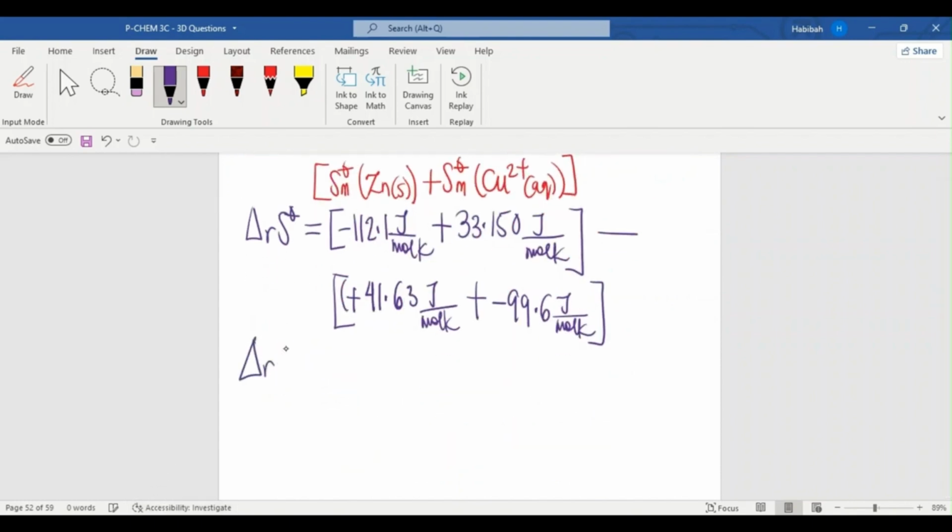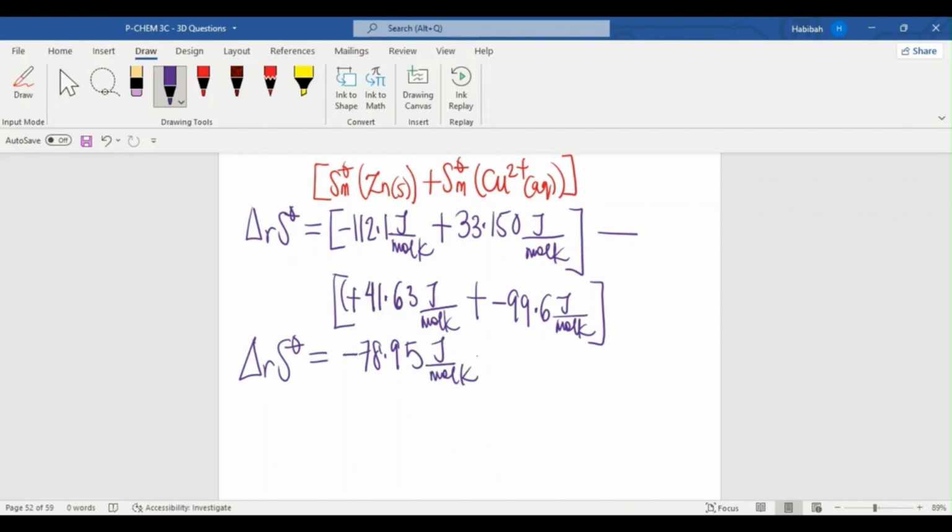So the molar entropy of the reactant would just be negative 112.1 plus 33.150, which is just simply negative 78.95 joule per mole Kelvin.